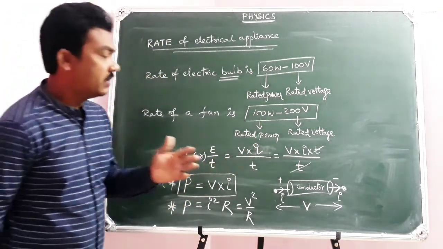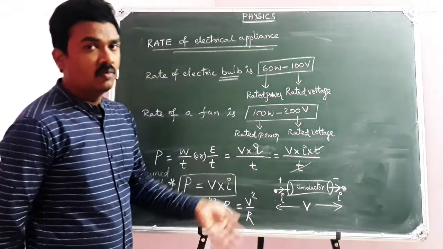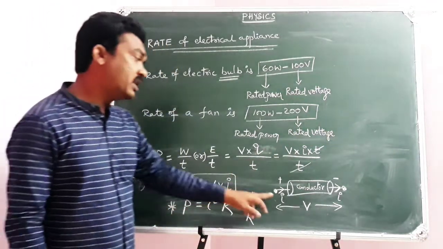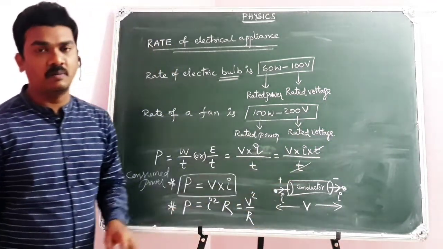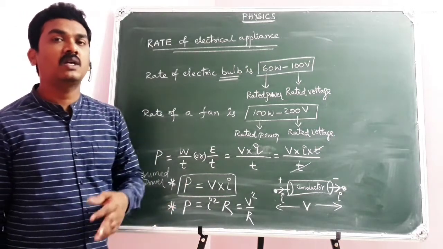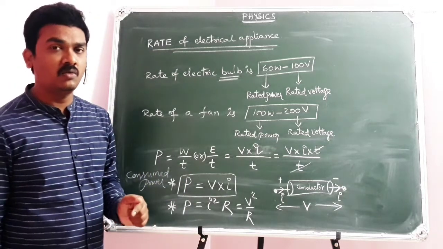But only one thing: if the potential difference across the particular appliance is more than the rated voltage, then more current will pass through the electrical appliance, so more heat energy will be produced and our electrical appliance will get damaged. Because V is proportional to I, you know Ohm's law.